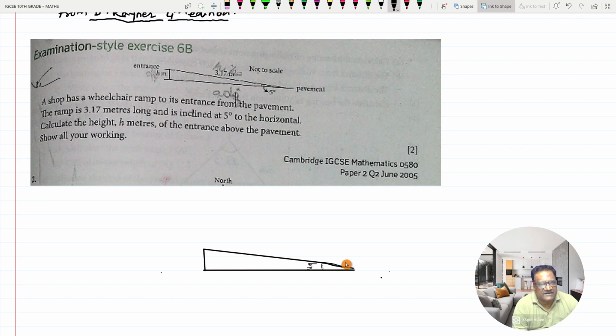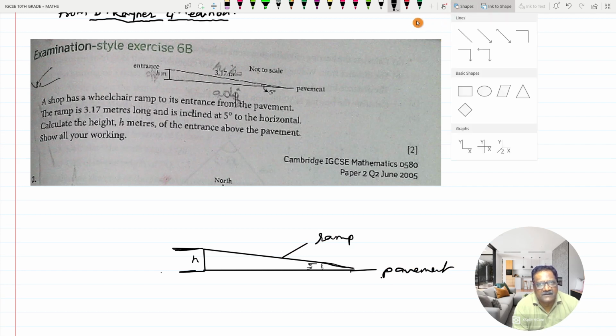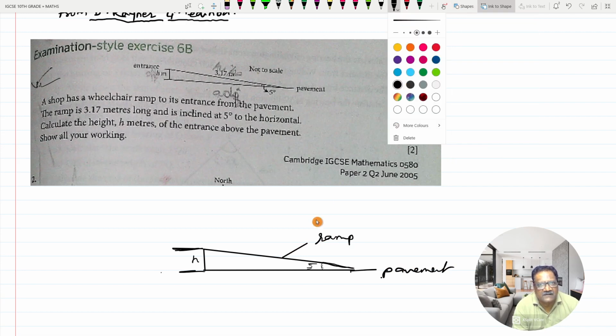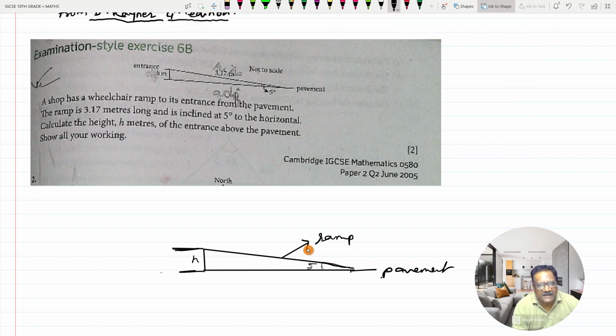So he says that this is the h, which is the height of the shop from the pavement. This is your pavement, and this is that particular ramp.